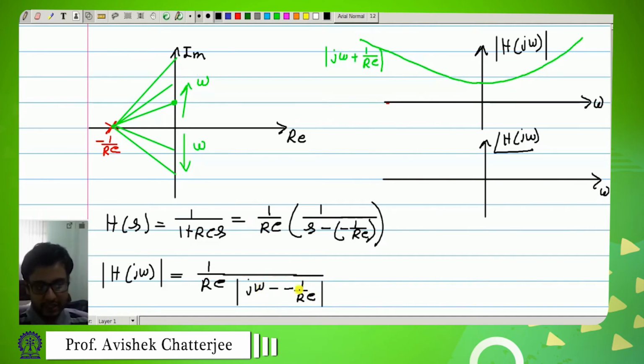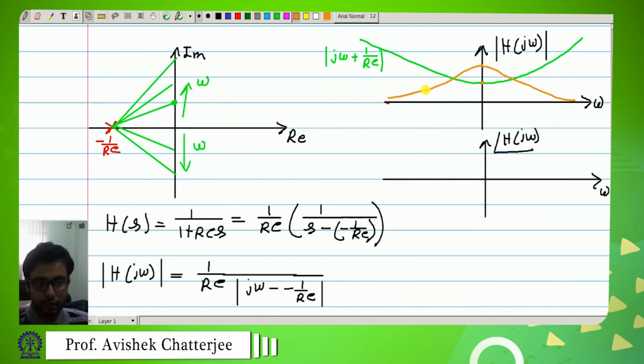Okay, so this is in the denominator here. So this is not H(j omega). H(j omega) will be reciprocal of this. H(j omega) will be 1 over this graph. That will be something like this. So here it is minimum. So when you take 1 over that, it will be maximum here, and then it will decrease. It will go towards 0.